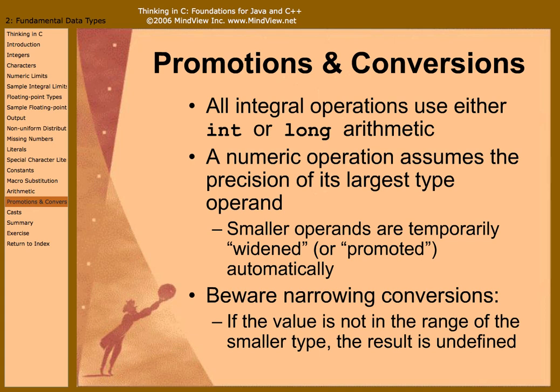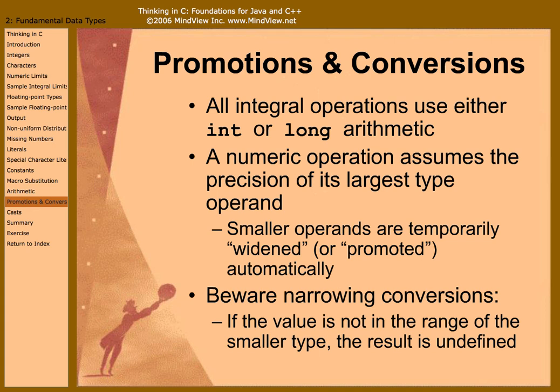There's only int and long arithmetic. For example, if you took a short and you wanted to add that to an int, well, if they are different sizes on your platform, that's going to be a problem. So what the compiler will do is it will widen the short or temporarily convert it to an int, which is not a problem, of course, because no information is lost, and then it does the operation.